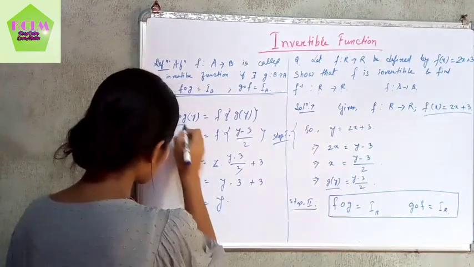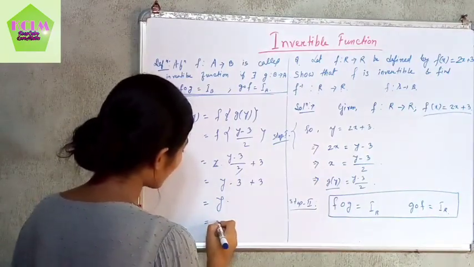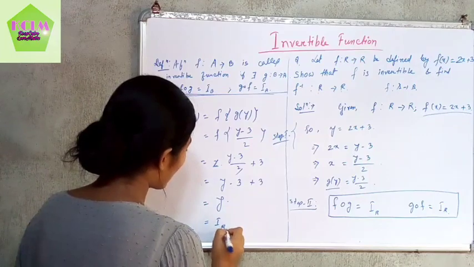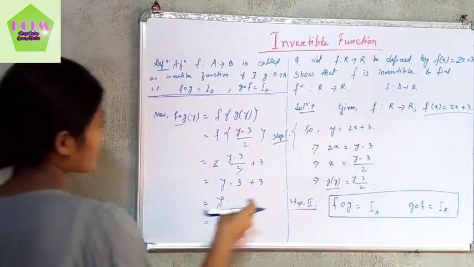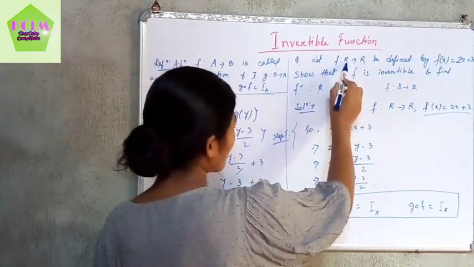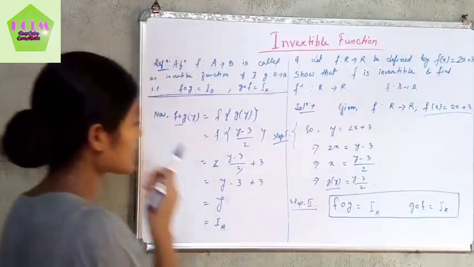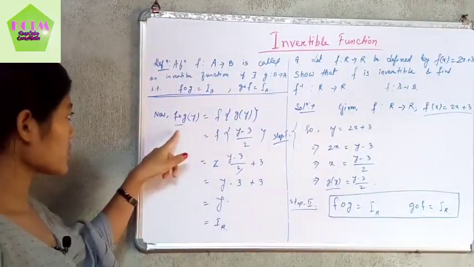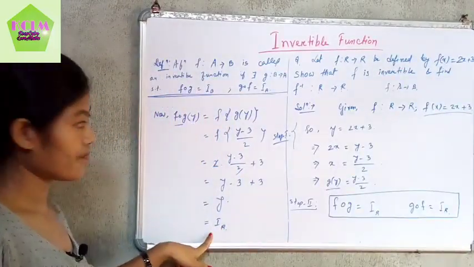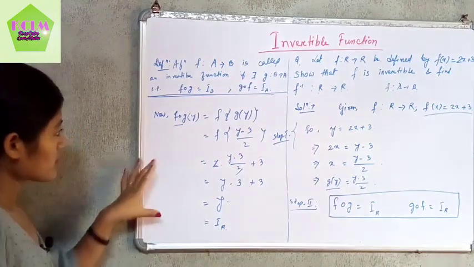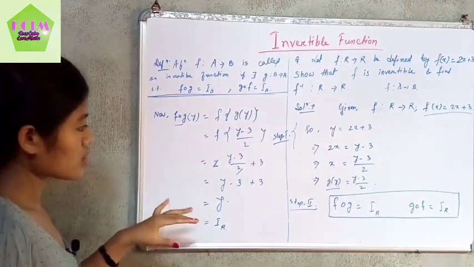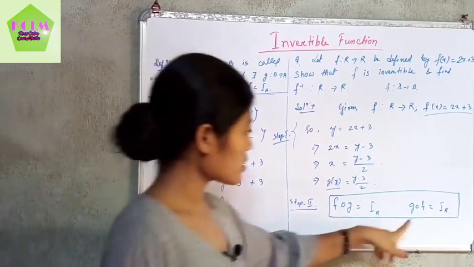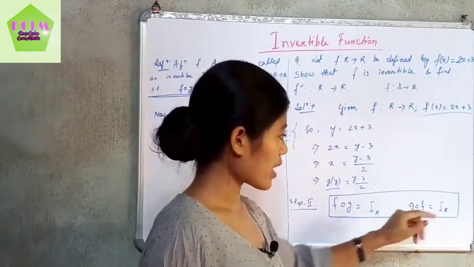So f o z is an identity function and we denote it as IR. Since here the domain and codomain are the set of real numbers, f o g of y equals IR. Right? Now to see the next one, how g o f equals IR.